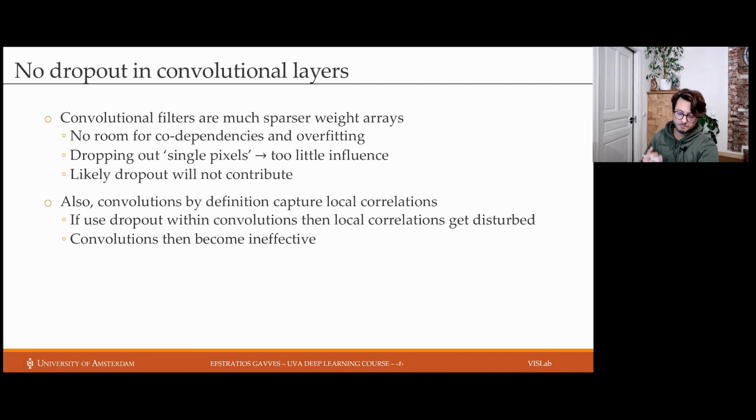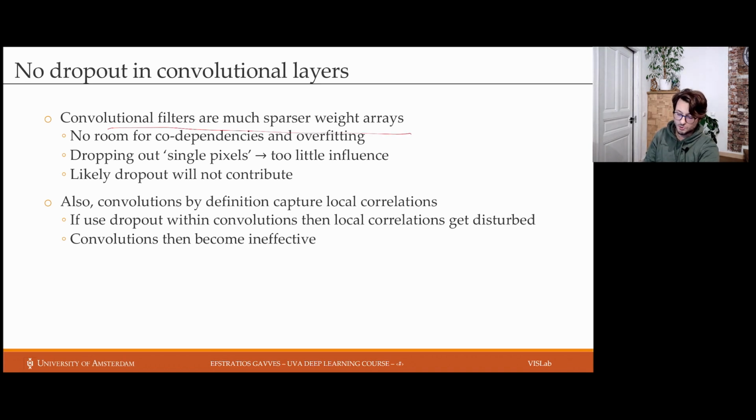In general, one more thing to say about convolution layers is that there is usually no dropout. We can do it, it's not like you cannot do it, but probably it will not give you much, maybe it will even hurt you.